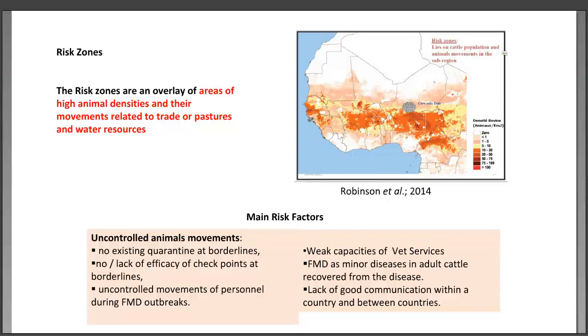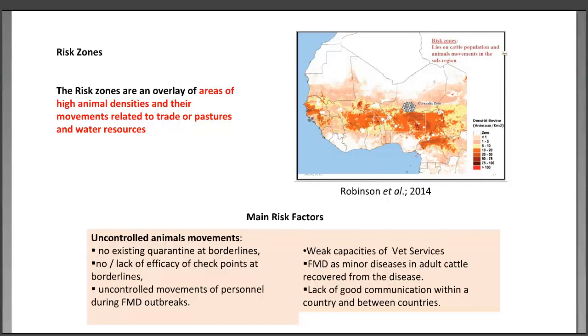So we talked about the risks. There are zones that are risk zones, and you could see from this map the area highlighted in red, where you have high animal densities, and their movement is related to trade and pastures, and also water points, as I earlier highlighted.